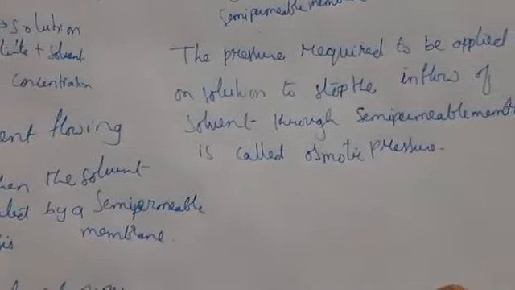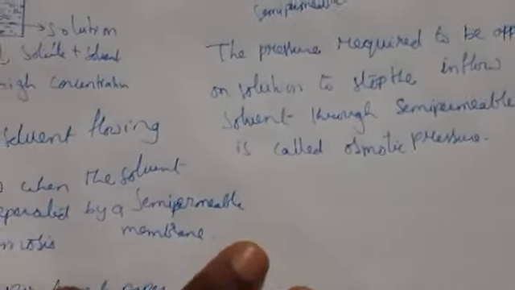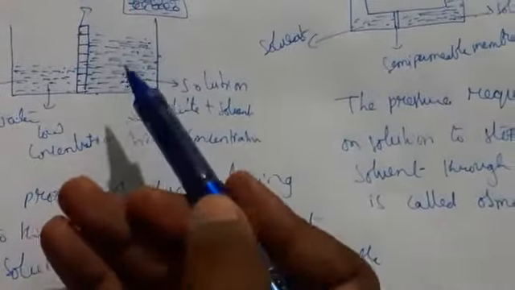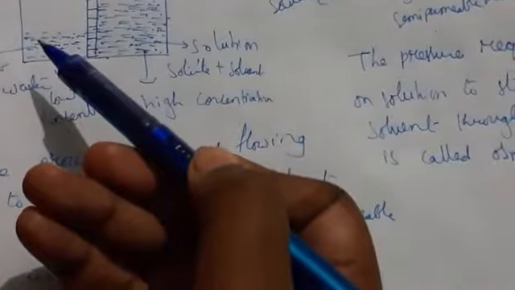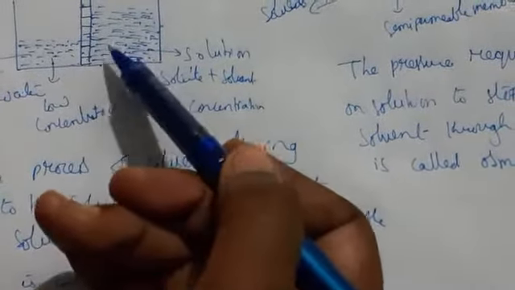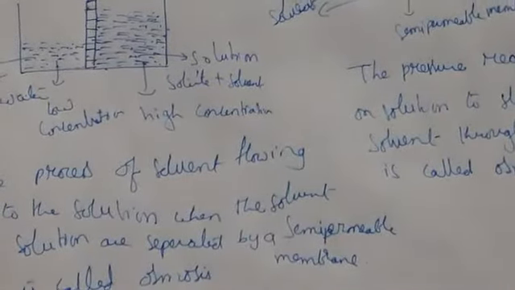Then what is reverse osmosis we can say? Reverse osmosis is nothing but the solution flowing through to the solvent. When solvent and solution are separated by a semi-permeable membrane, the flow of solvent into the solution is due to osmotic pressure.